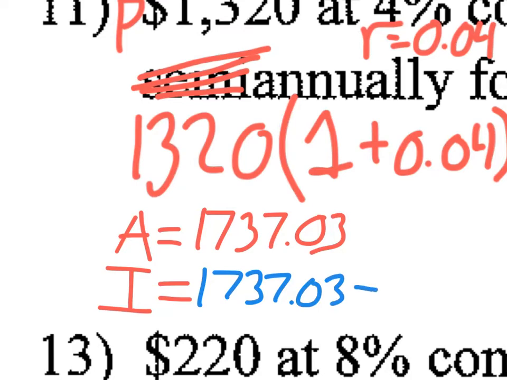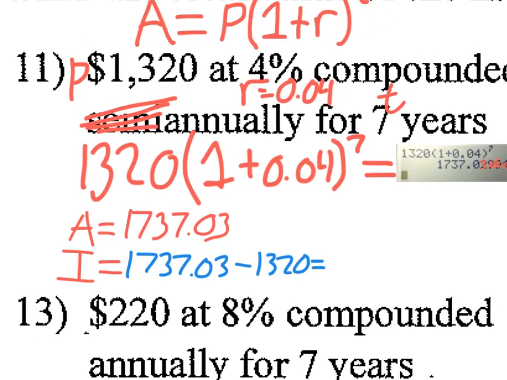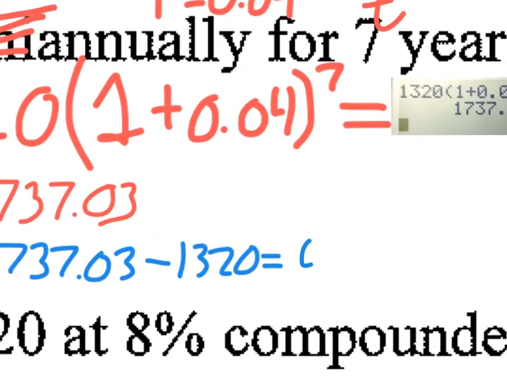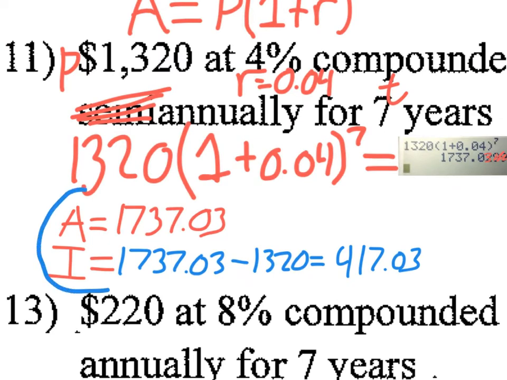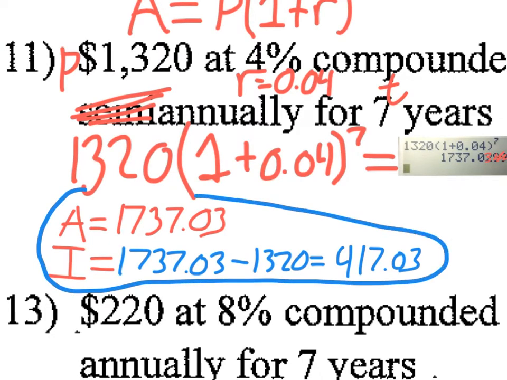This time I'm taking off the principal because I want just the interest by itself. And that's going to tell me that we are left with $417.03. So that is our actual interest. So again, that's really what I'm looking for on this one. Do some more of those first.